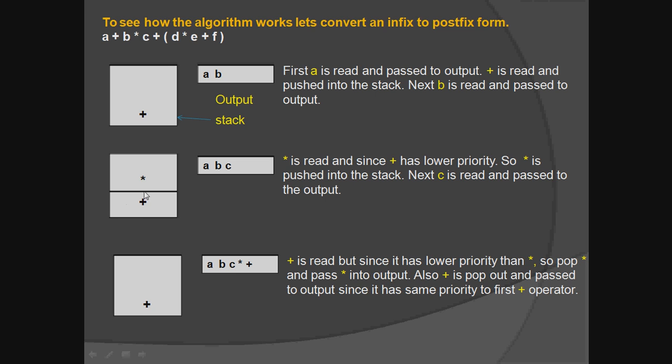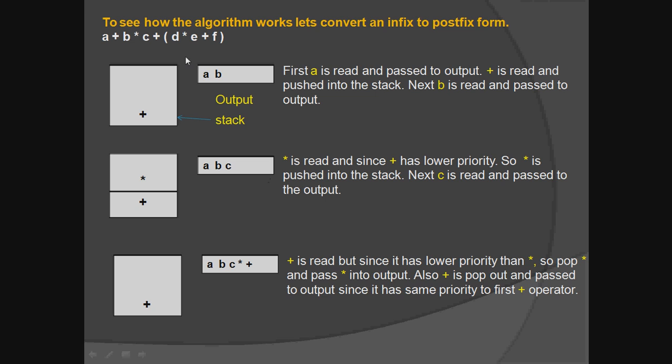Suppose this was multiplication and this was addition; then the plus symbol cannot be pushed into the stack, it has to be popped out or passed to the output. But in this case the asterisk, the multiplication operator, is of higher priority than the addition operator, so the asterisk is pushed into the stack.